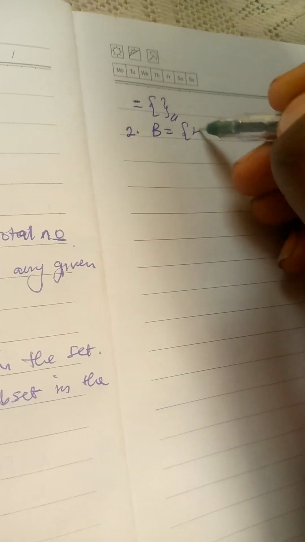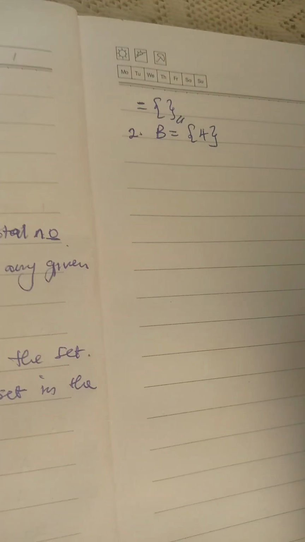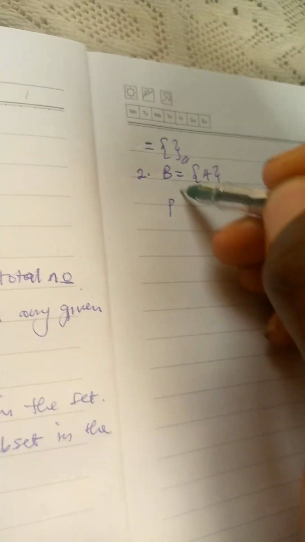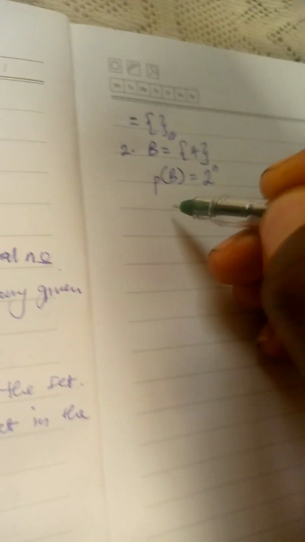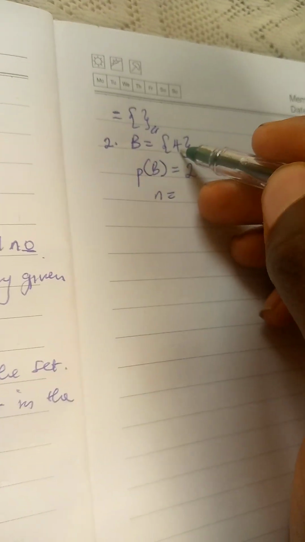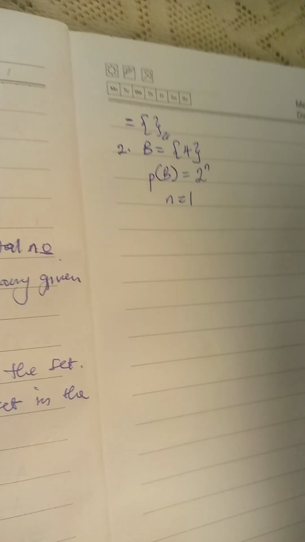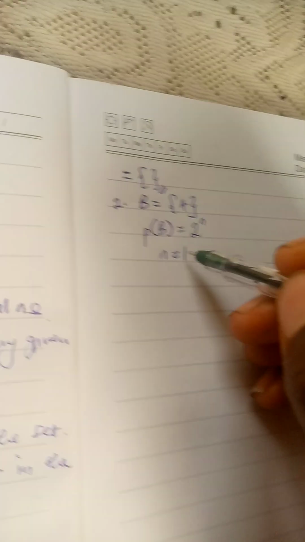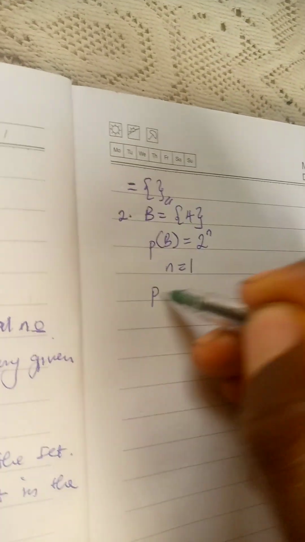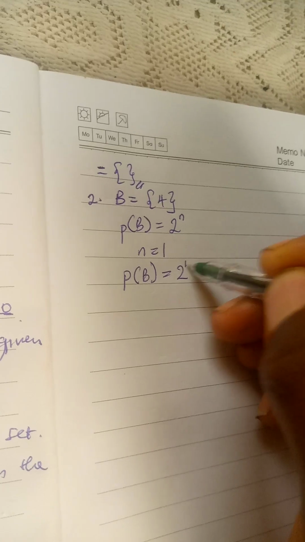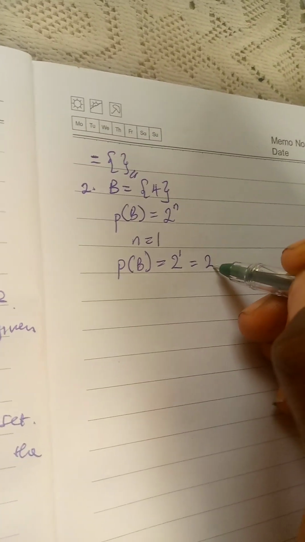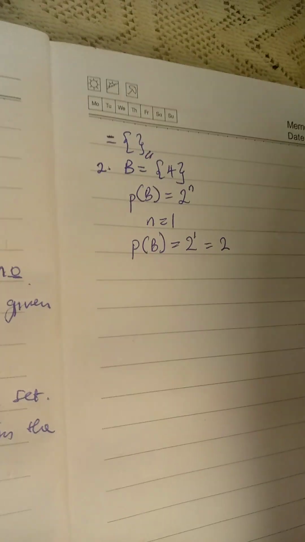Okay, so now let's try B for better understanding. Number 2, which says B equal {4}. Here, power set of B equals 2 raised to power n. We have just one element, so n is 1, and power set of B equals 2 raised to power 1, which is 2.